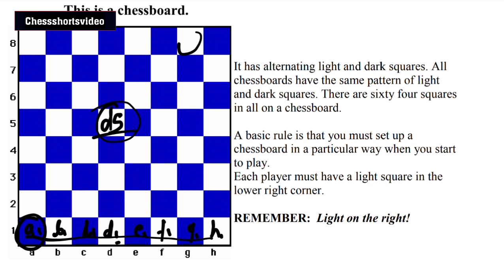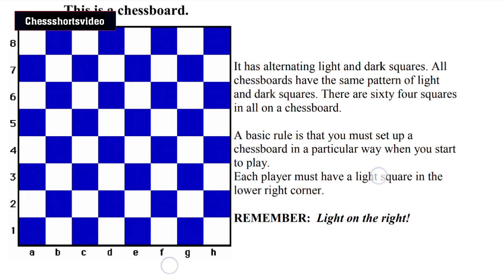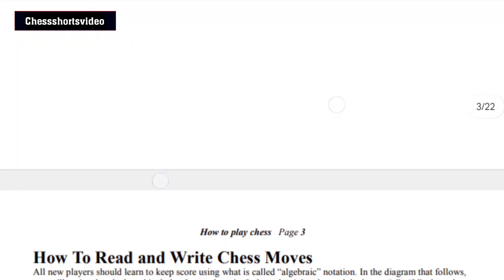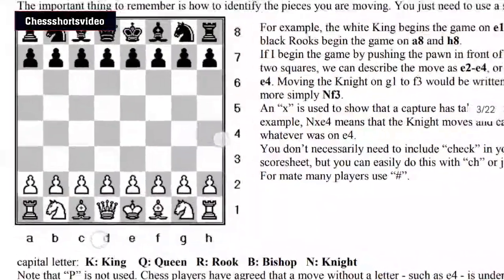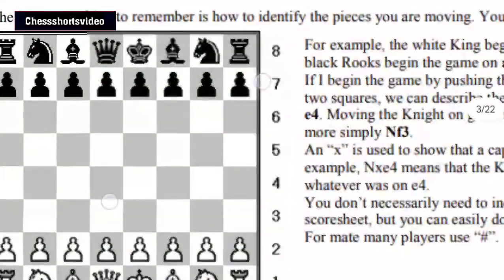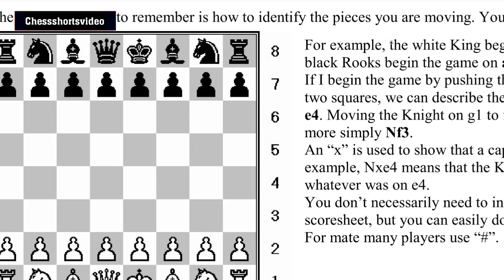Now the second question, when we move the pieces in chess, so there are 8 pawns. If I give you the names of the pieces, now you can see there are 8 pawns, 1 2 3 4 5 6 7 8, and this is your opponent.